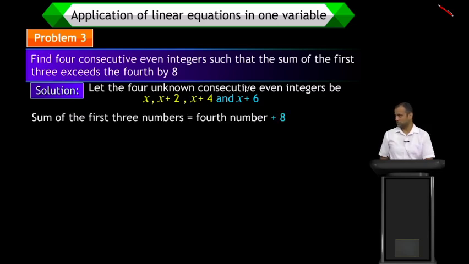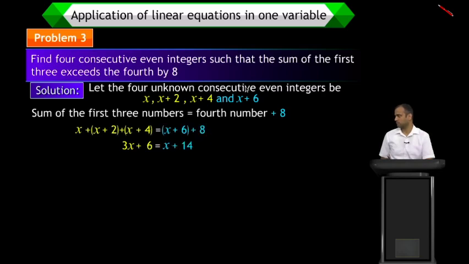Now what is the sum of the first 3? Yes, this one, and it equals the fourth number plus 8. It is 3x plus 6 equals x plus 14, and after solving this one, the answer is x equals 4.